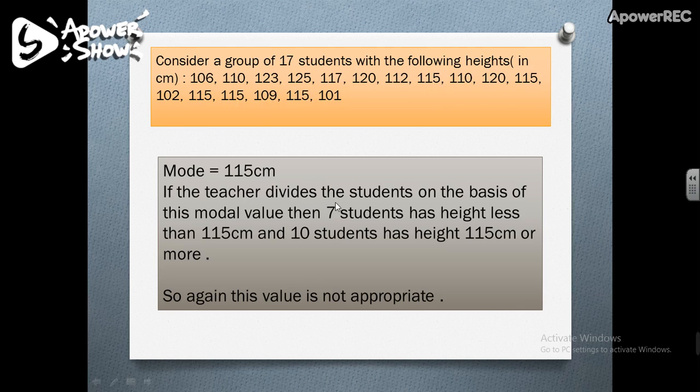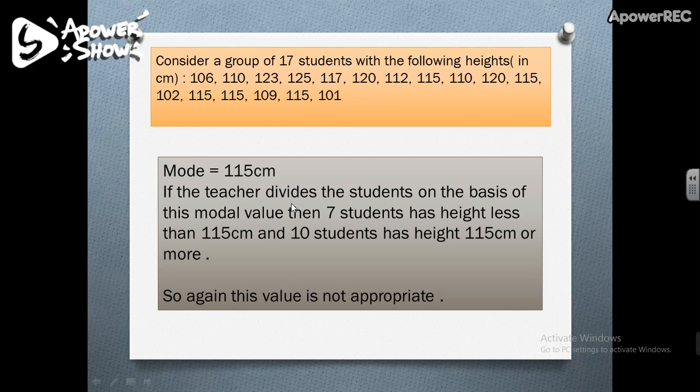If the teacher divides the students such that one group has all those students whose height is less than 115 centimeter, and the other group has all those whose height is greater than or equal to 115 centimeter, then our first group has 7 students and the second group has 10 students. Again, this modal value is not appropriate for dividing the students into two groups.